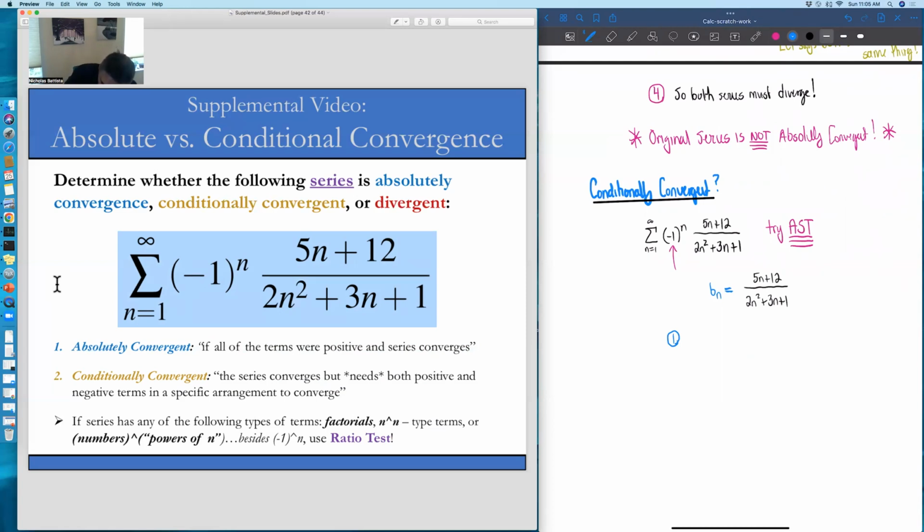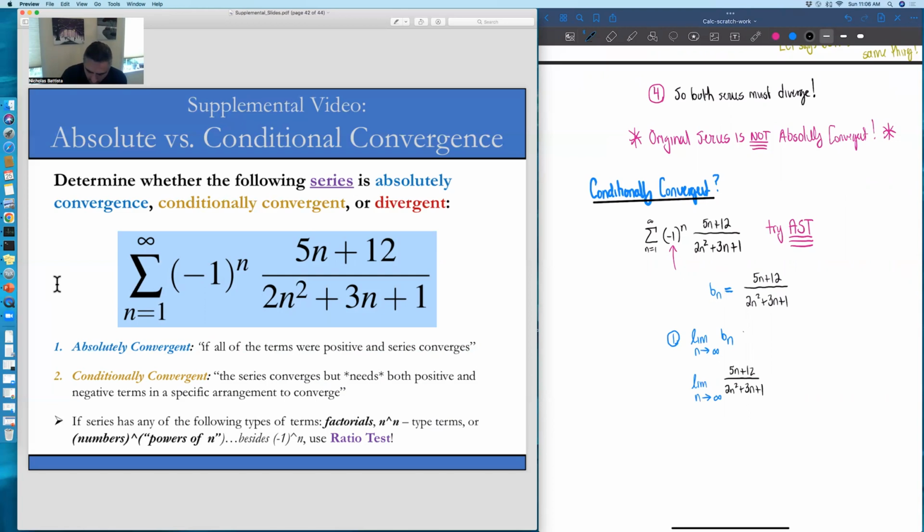The first criterion is that when we take the limit as n goes to infinity of those positive pieces, it equals 0. So let's test for this now. We want to show that this hopefully equals 0. So we have the limit as n goes to infinity of 5n plus 12 all over 2n squared plus 3n plus 1.